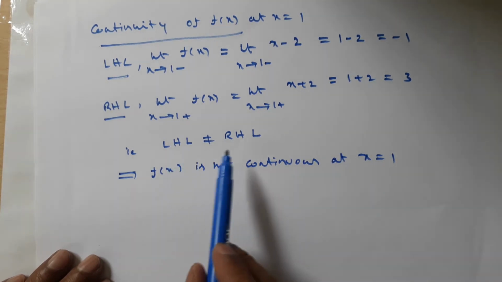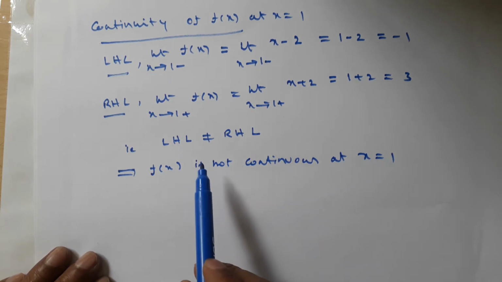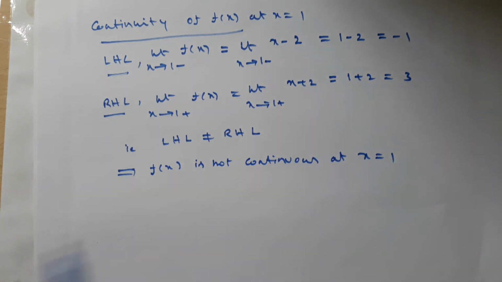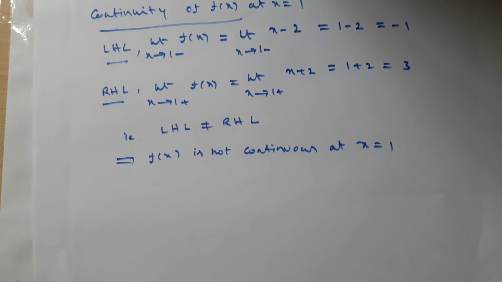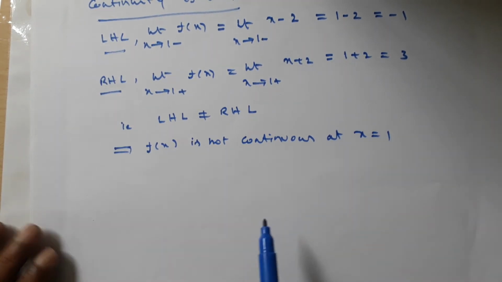Even though both limits exist, for continuity they must be equal to f of 1. Even if LHL value is equal to f of 1, left hand continuity exists and right hand continuity does not exist, as it will be equal to 3.